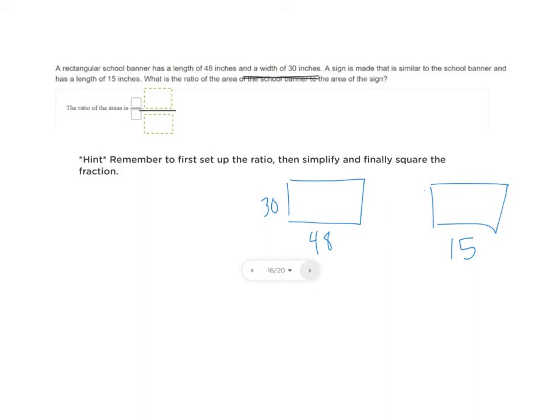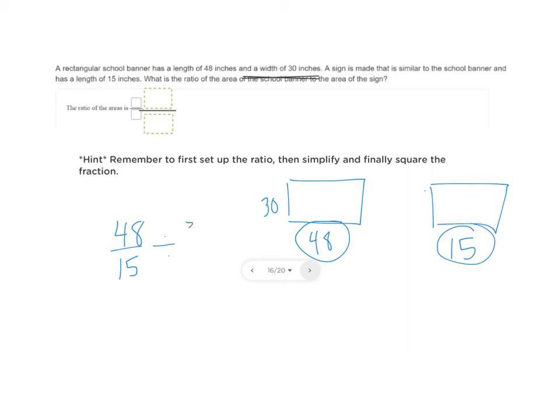So what we're going to do is look for things that we can compare. And in this case, we're going to compare the 15 and the 48. So the ratio of the school banner is the first one. So we're going to put 48 over 15. That's the first part. And then we're going to simplify it. What number goes into 48 and 15?